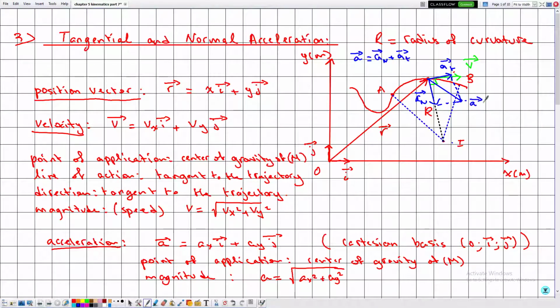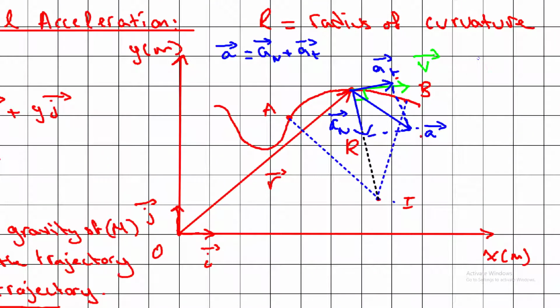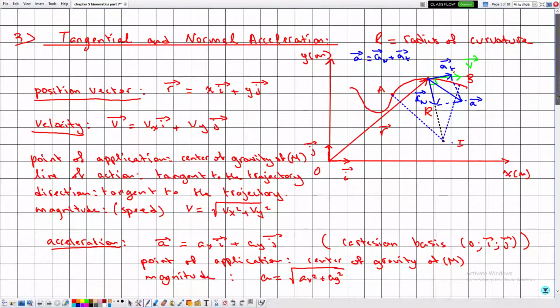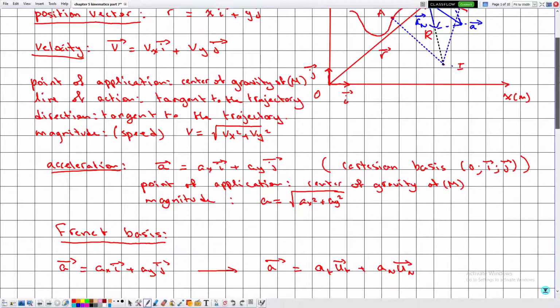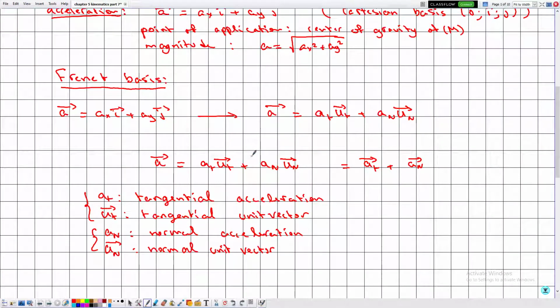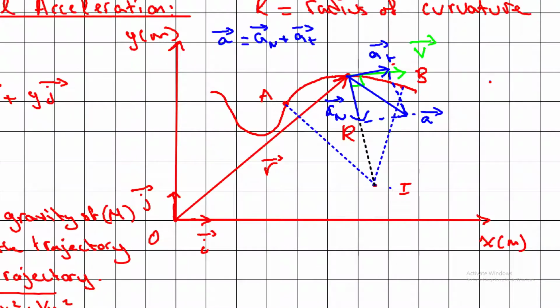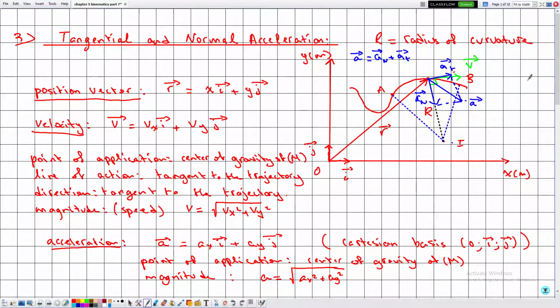In brief, if you want to determine the acceleration vector, it's more convenient to go to the Frenet basis, in which the acceleration is represented in terms of the tangential and normal acceleration. These are easier to sketch, and whenever we have plotted at and an, we can complete a parallelogram to sketch the acceleration.